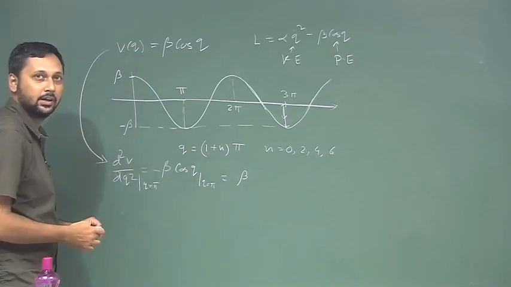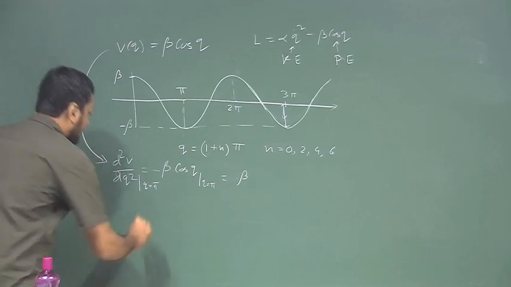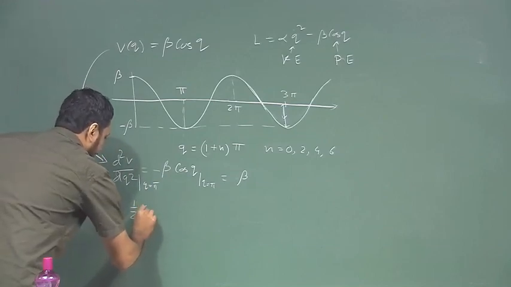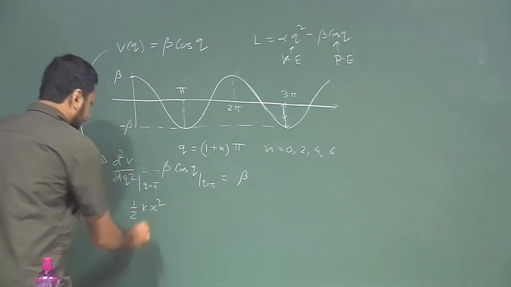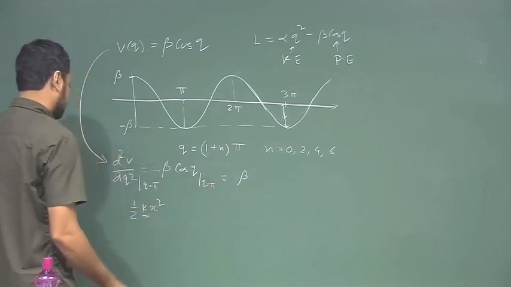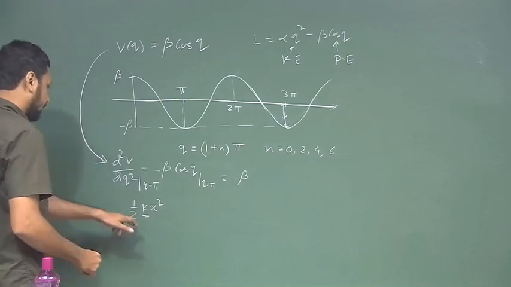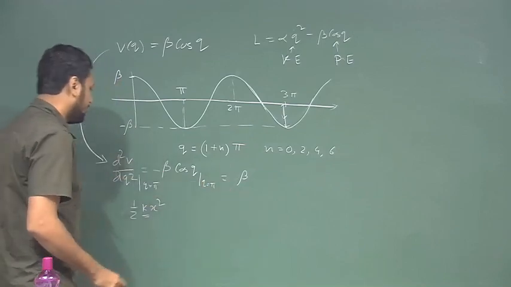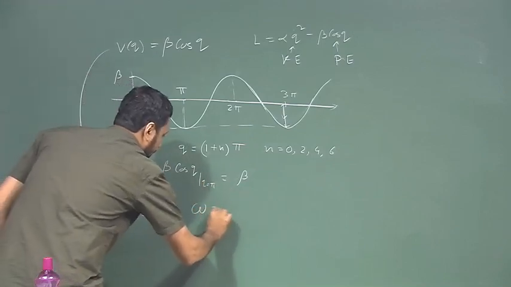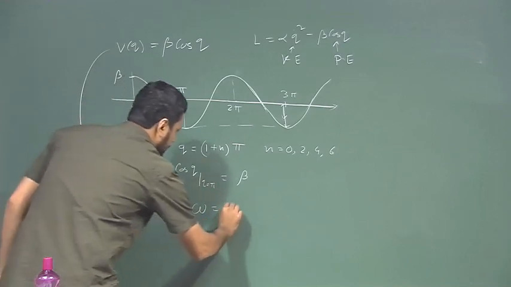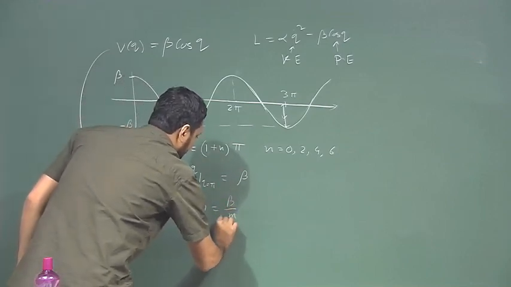So, it will be a plus beta. For small oscillation, once again we can write it as half k x square. In this case, k is equal to beta. So, your frequency omega will be root over k by m, which will be beta by m whole root.